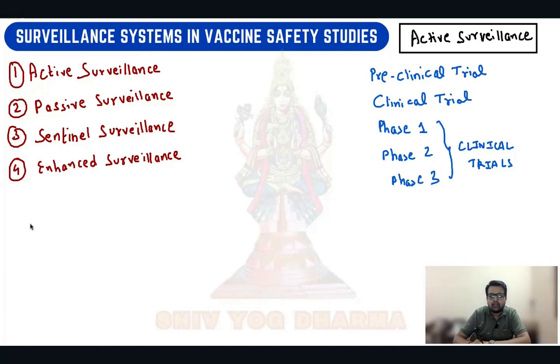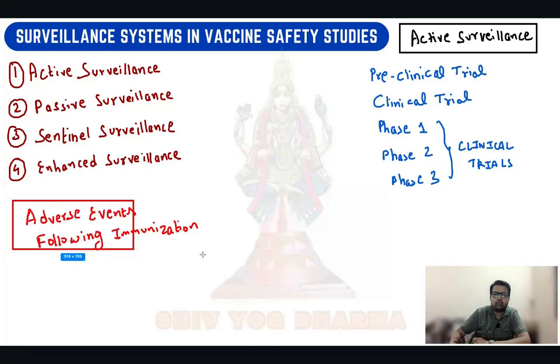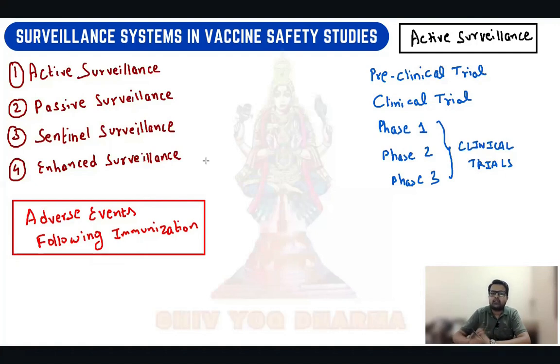Ultimately, the main goal of the vaccine safety study is to find out adverse events following immunization, because they are the main culprit, the side effects.